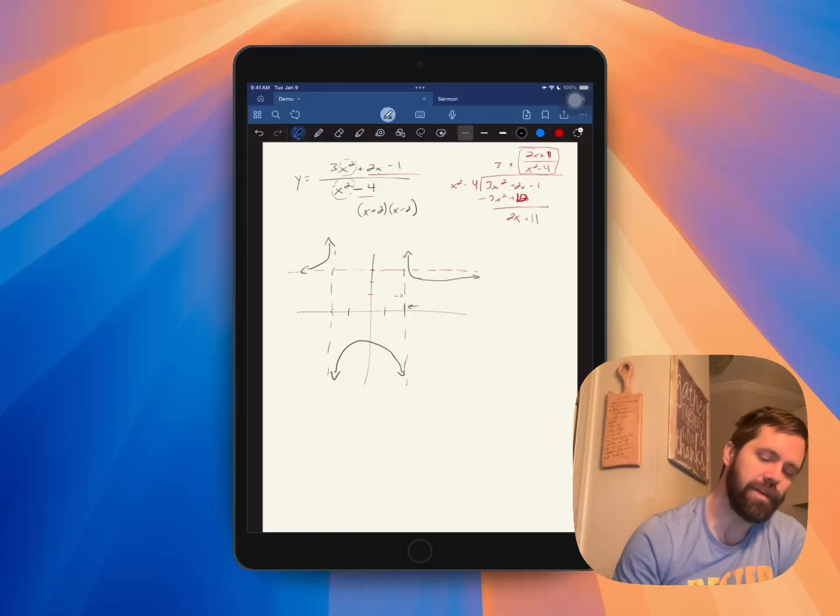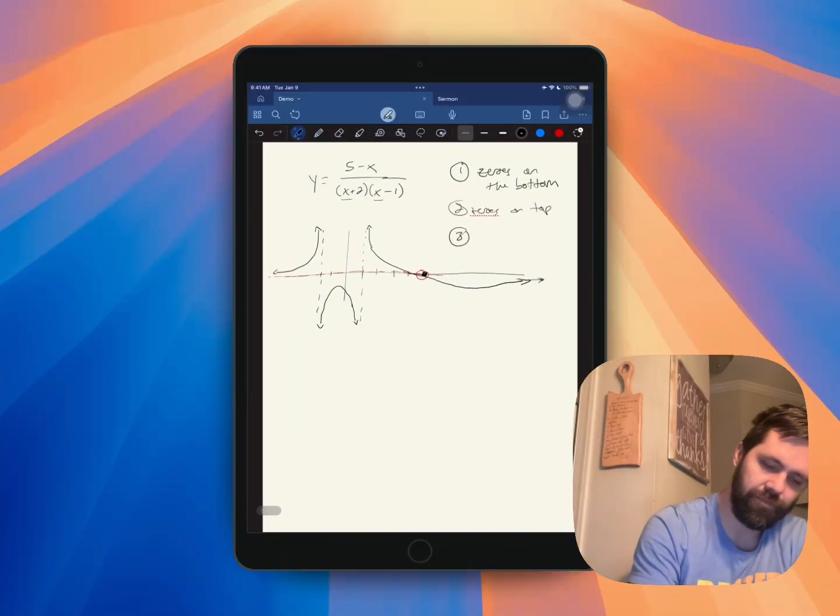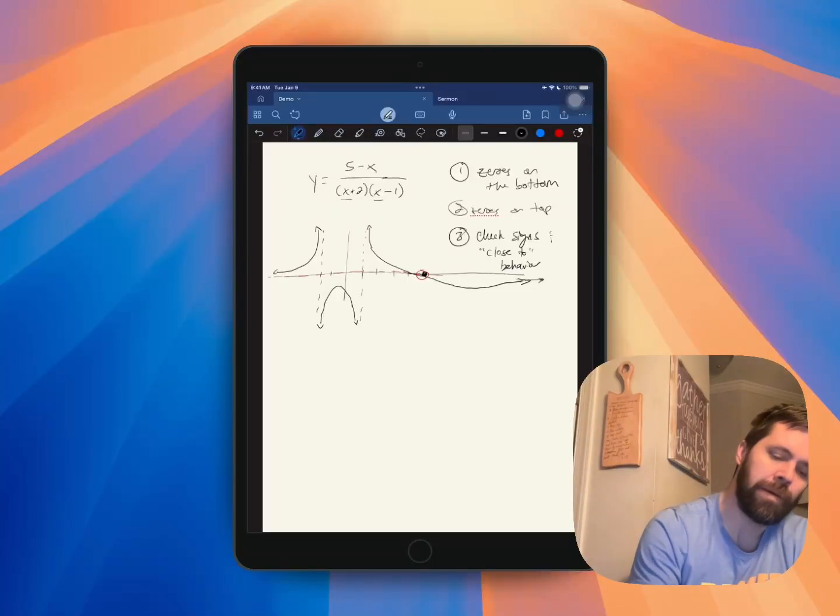A lot of the big picture is check signs and close to behavior.